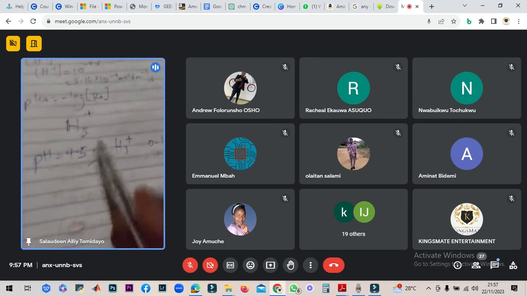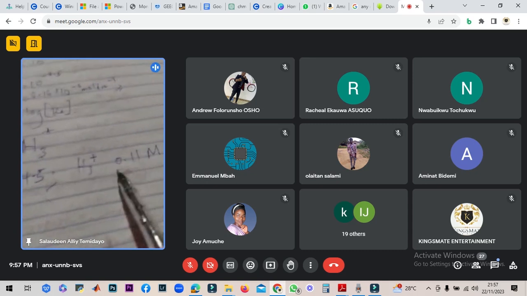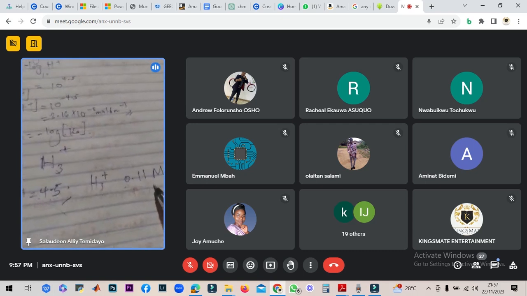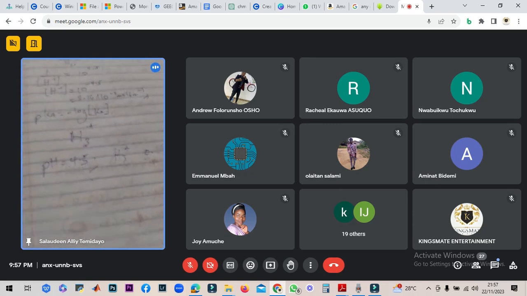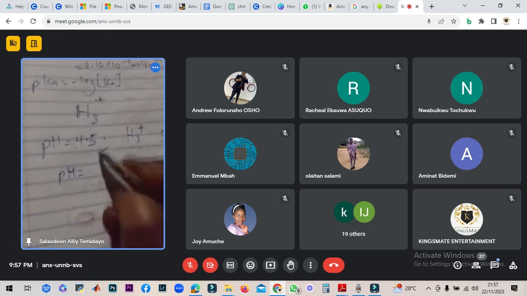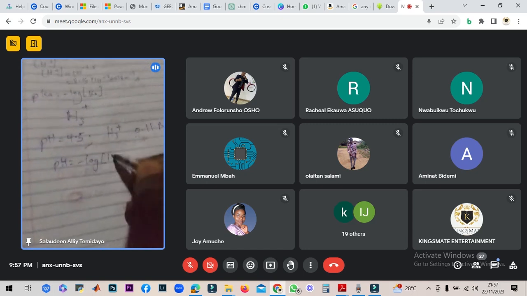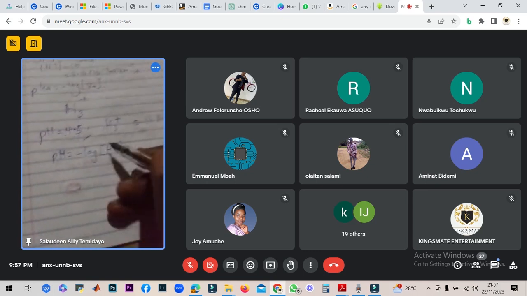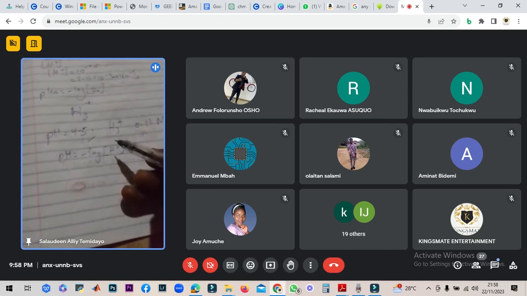We have the pH given to be 4.5 and it is H3 plus. What is the concentration of this in that solution of the acid? So now I have my pH equals minus log hydrogen ion concentration. I have 3 moles of hydrogen this time around.